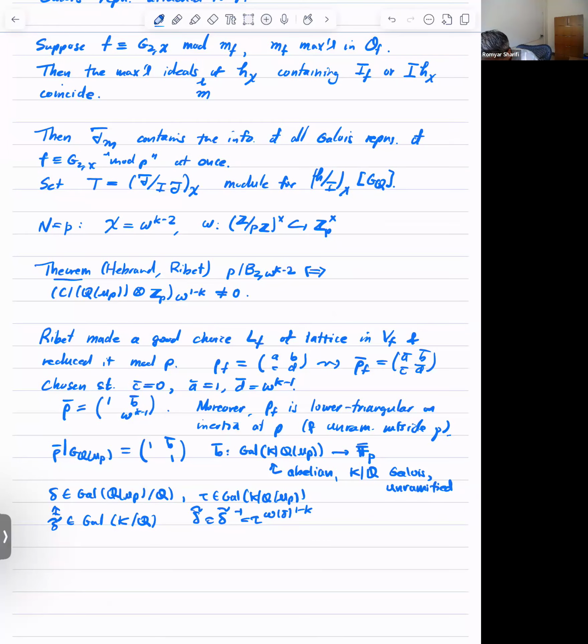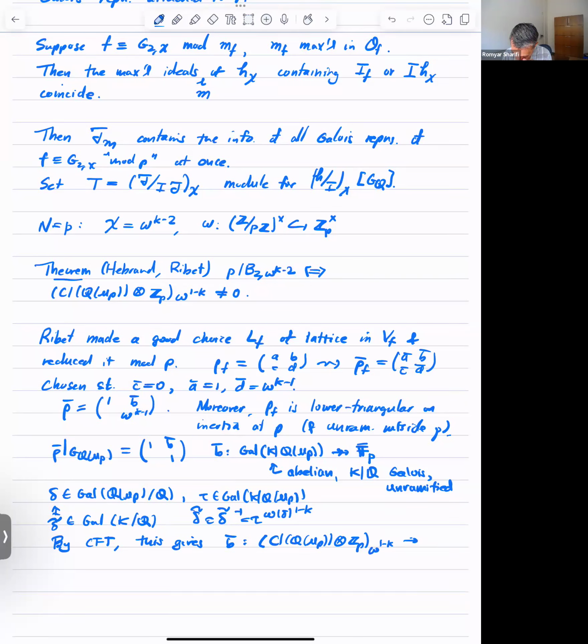Now we know by class field theory that this gives B bar from exactly this group we're interested in, the class group of Q(mu_P), tensor Z_P, omega to the 1 minus k, to F_P bar.